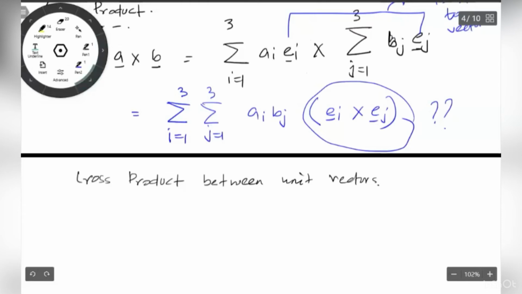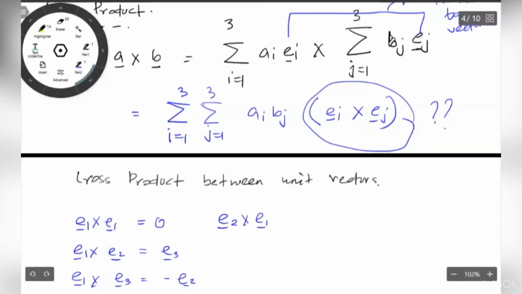Here you know that E1 cross E1 will be 0. E1 cross E2 will give you E3, and E1 cross E3 will give you minus E2. In the same way, E2 cross E1 will give you minus E3.